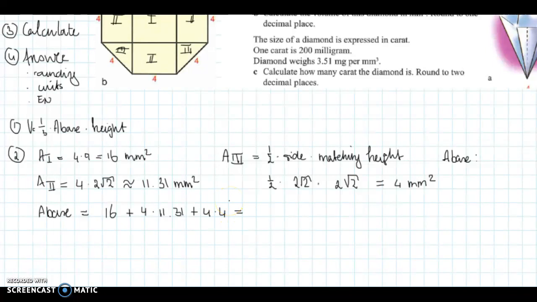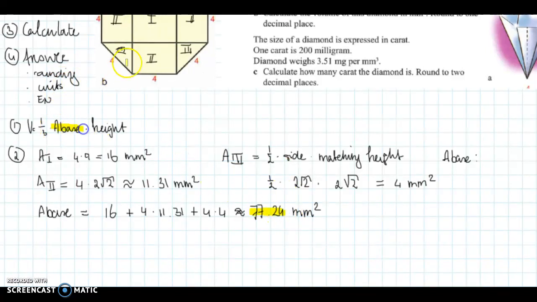If we calculate that, 4 times 11.31 plus 16 plus 16, you get approximately 77.24 square millimeters. So now we've calculated the base.